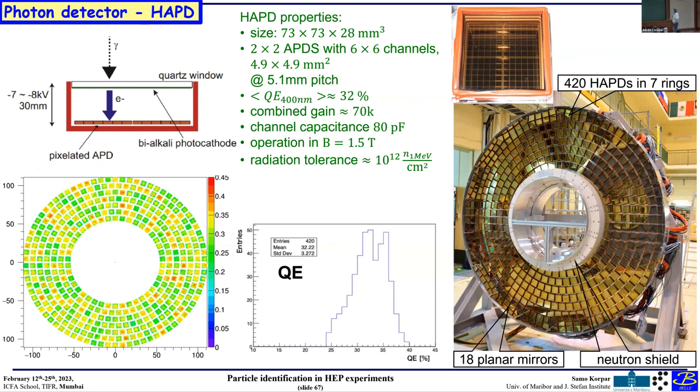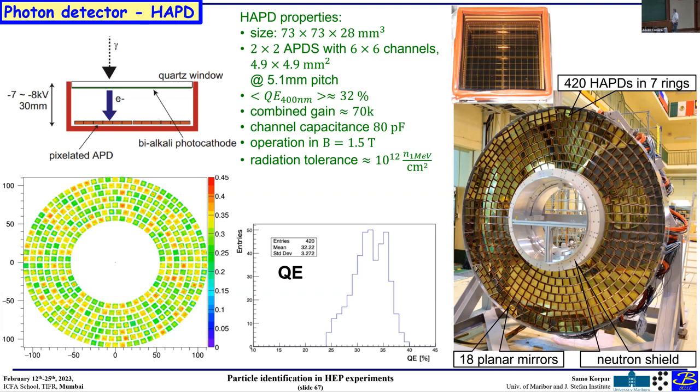As I said, for the photon detector in this detector, the proximity focusing hybrid avalanche photon detector is used. The difference from LHCb is that this is proximity focusing, which means that it can work in a magnetic field which has a similar direction as the electric field inside. And then it also uses avalanche silicon detectors here to get more charge out of it and to use lower amplification of photoelectrons.